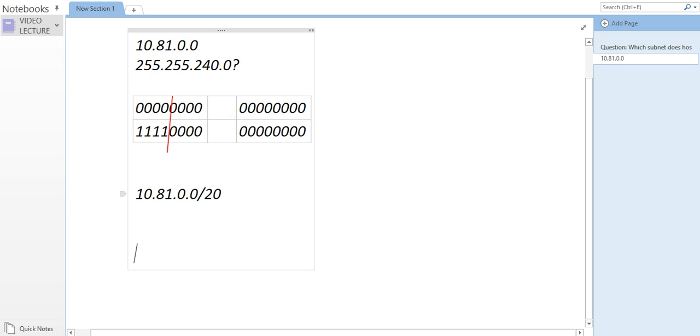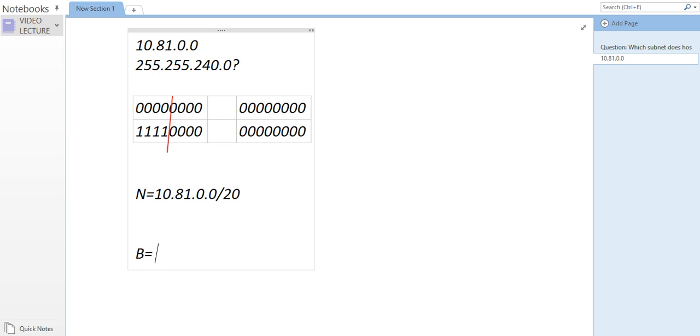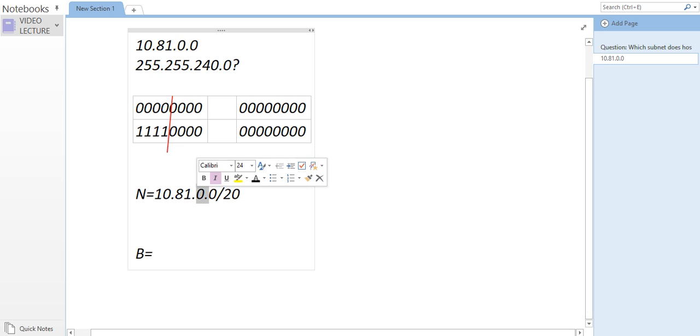So the valid host range. Now this is your network address, and your broadcast address coming now is that. Your broadcast address would be the sum of the bits remaining in this third octet added to whatever value is in this third octet, and the sum of the bits remaining in the last octet is 255.